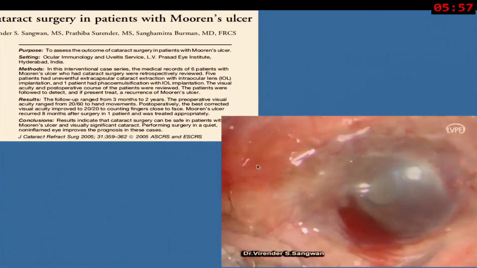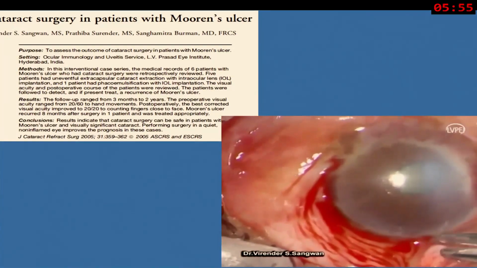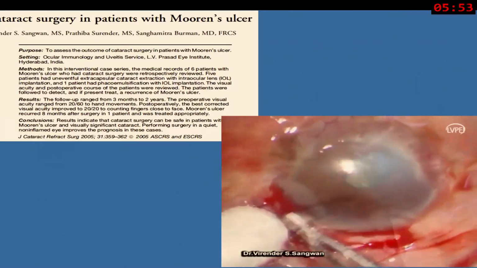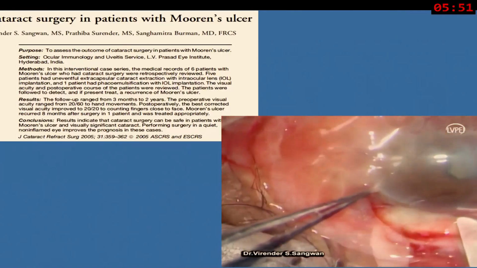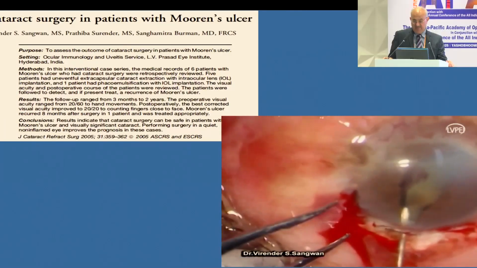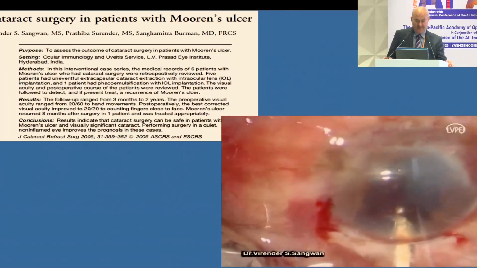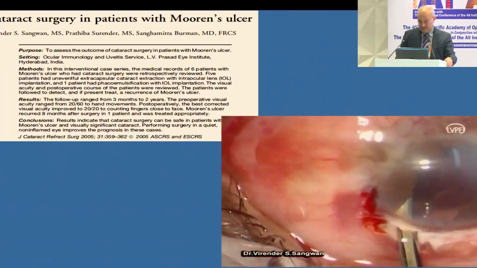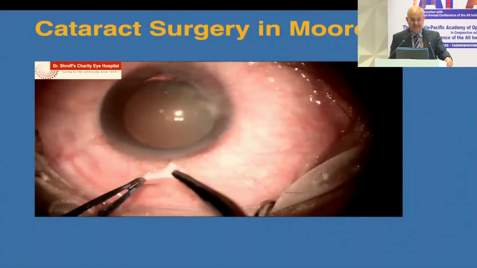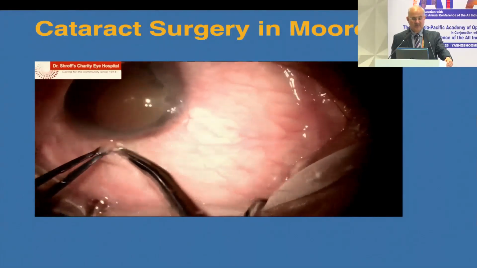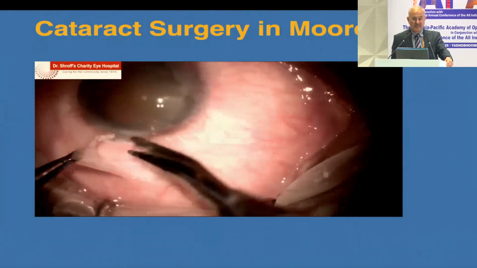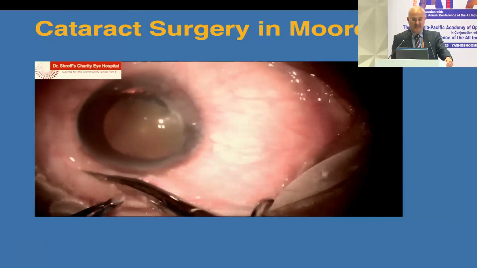This was the case report in JCRS in 2005, where we did 2 or 3 patients, and this is an example of an ECC in a patient with a healed Moran's ulcer. This is a more recent example of a healed Moran's ulcer, and I'm doing a phacoemulsification.